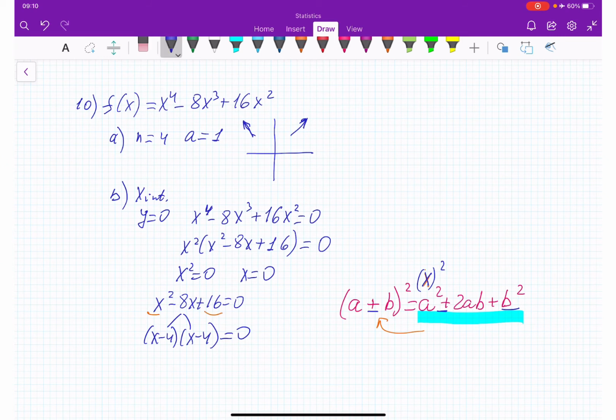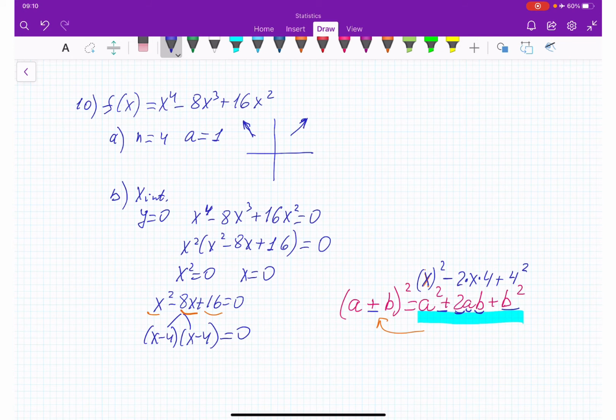Which means I can write 16 as 4 to the power 2, so my b is 4. Yes? Now let's check here. Since I have negative 8x, in my case it's going to be negative twice a. My a is x and my b is 4. Did I get the original problem? Yes, I did. x squared minus 8x plus 16.